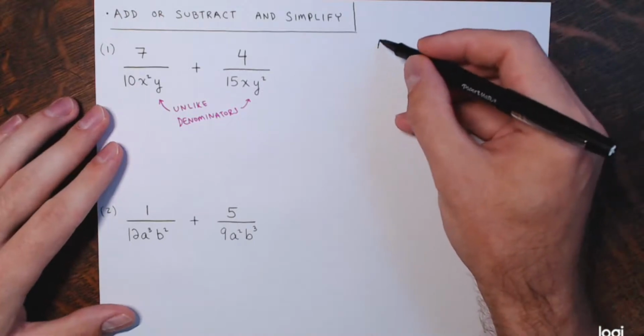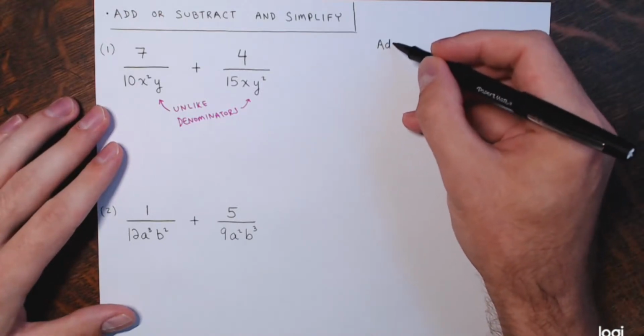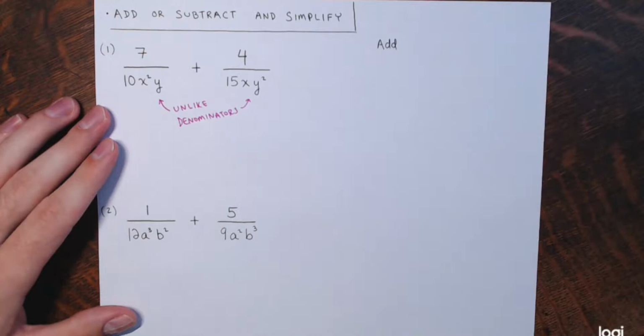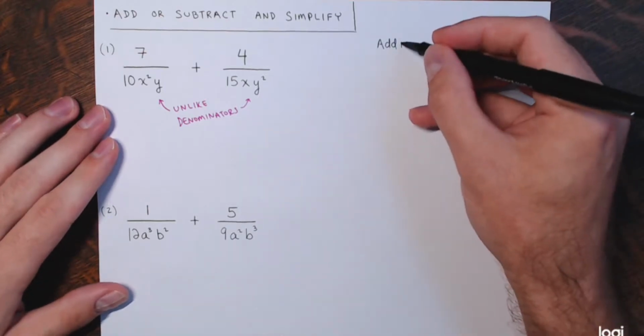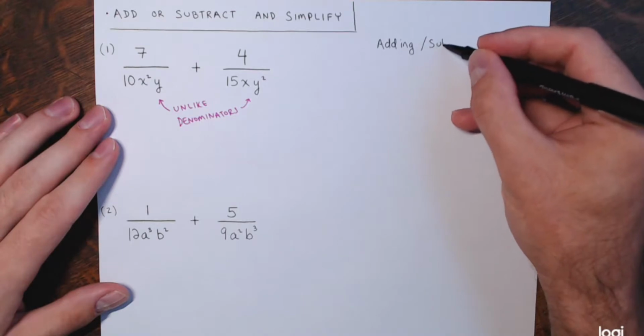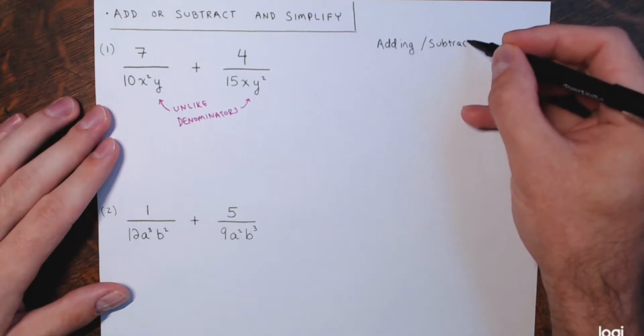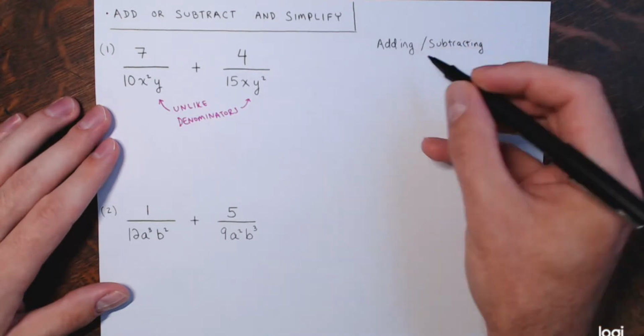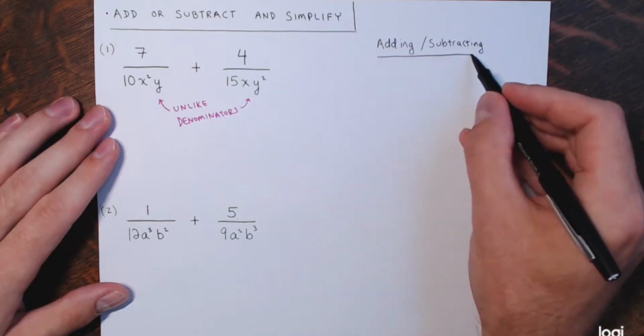Off to the side here, I'm going to put down the steps I'm going to be following for every single example, when we're adding or subtracting fractions, or really just adding or subtracting any expressions.